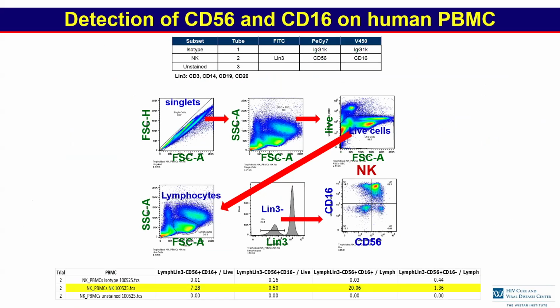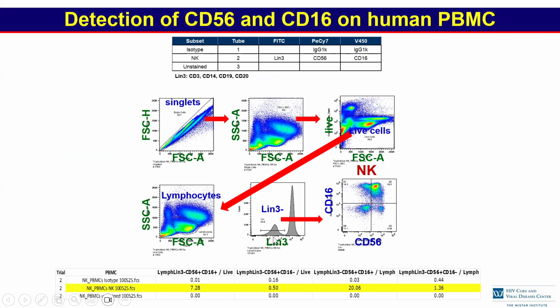Then we want to see if they express CD56 and CD16, which are the main markers of NKs, together with the lack of CD3, CD14, 19, and 20, which are characterized as LIN3. Here I'm showing you a comparator, a human PBMC, and how it looks when we did the staining at the same time. We have singlet cells, live cells again, then the forward and side scatter, and we always gate on lymphocytes.